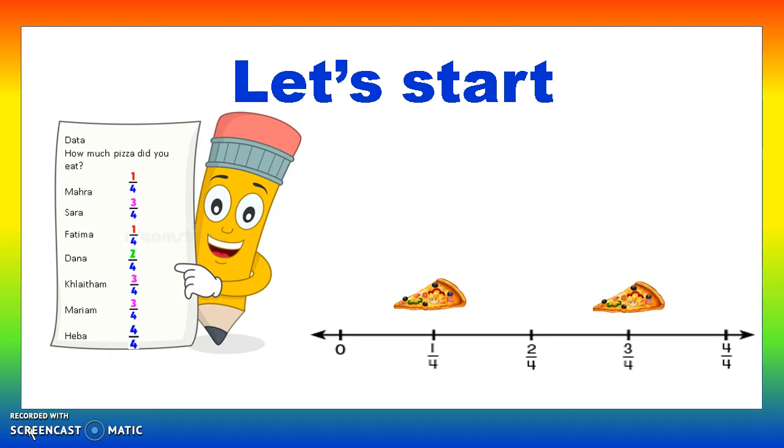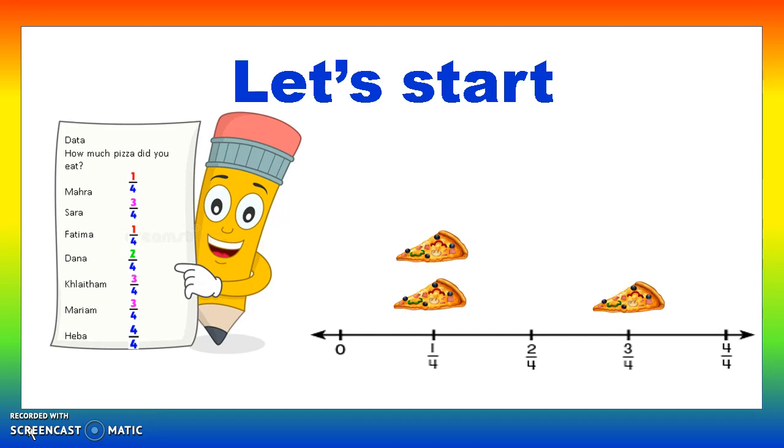Let's have a look at the next girl. Fatima. She ate how much? 1/4. What do we do? Yes, we find 1/4 on the number line and we put a pizza slice above the 1/4.